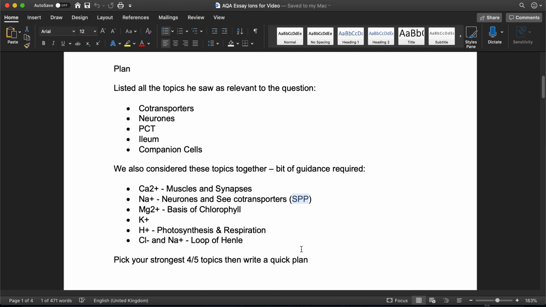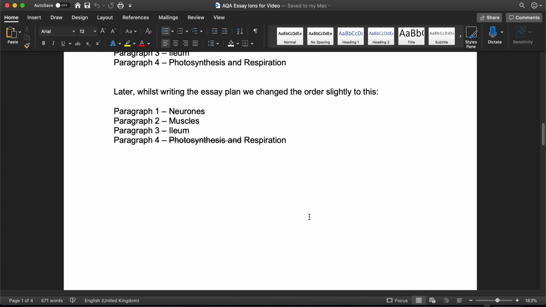If you were to get additional information in many of these essay answers, you're going to be speaking about sodium potassium pump and definitely respiration. So that could be a way that you make sure you've got additional information beyond the A-level specification.